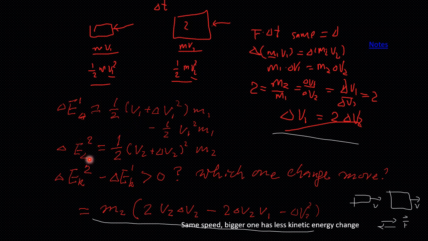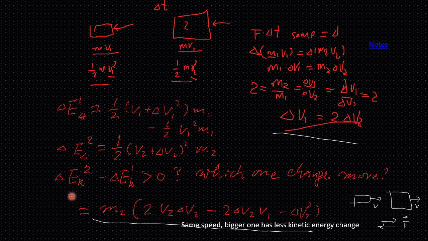Usually to find out which change is bigger, you subtract the two: delta E2 minus delta E1, put in all the masses, and expand the squares. If you want the details, I have notes here. If you click the notes, you will find detailed notes, though you might be intimidated by the mathematics, but the result is here.